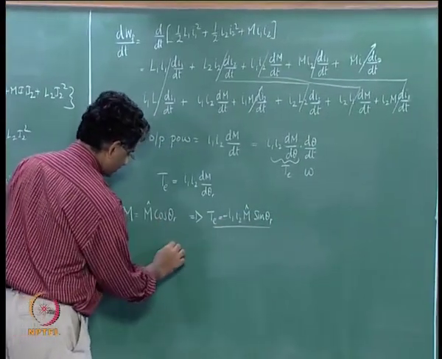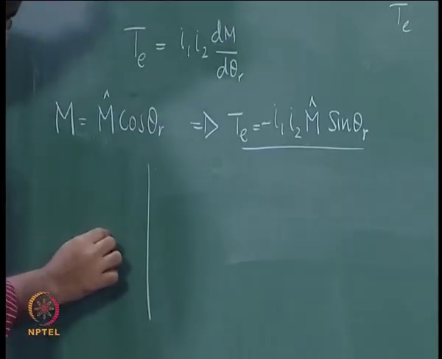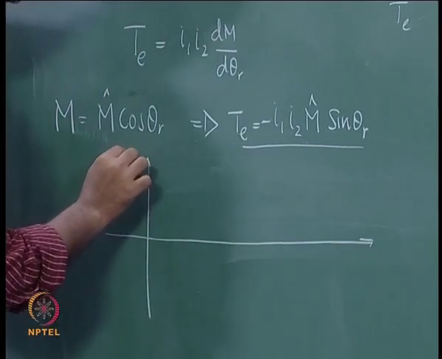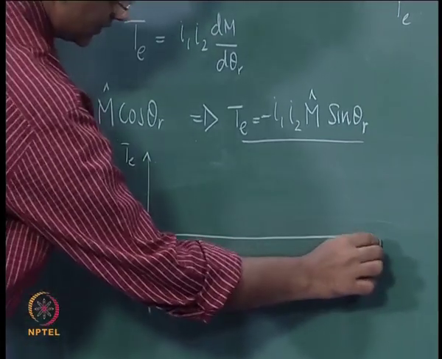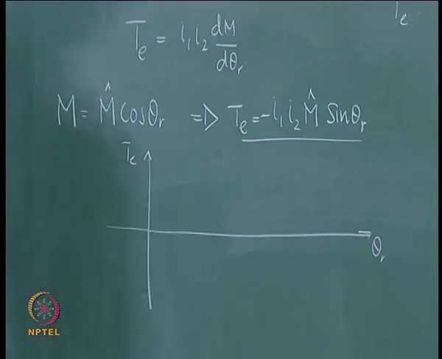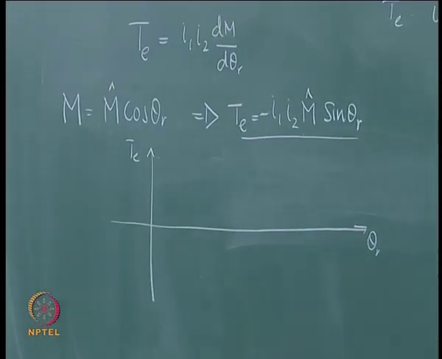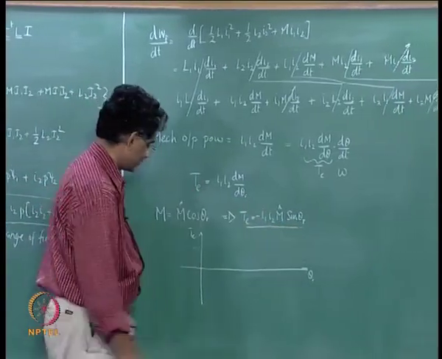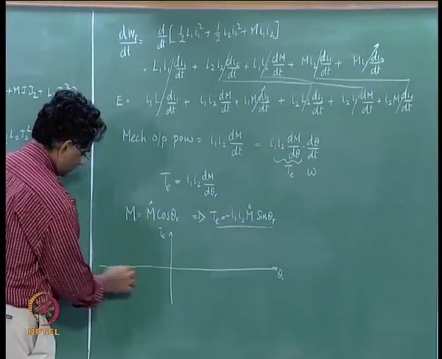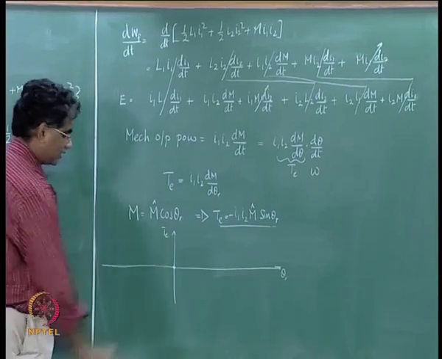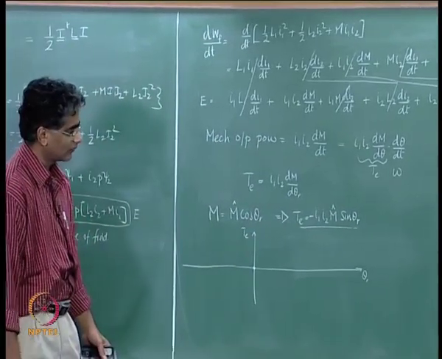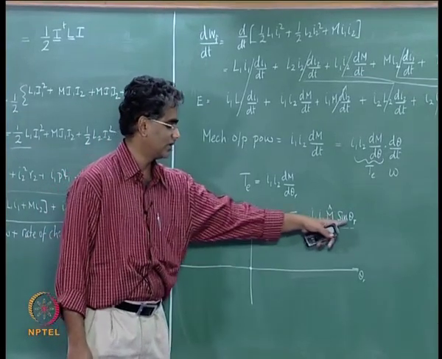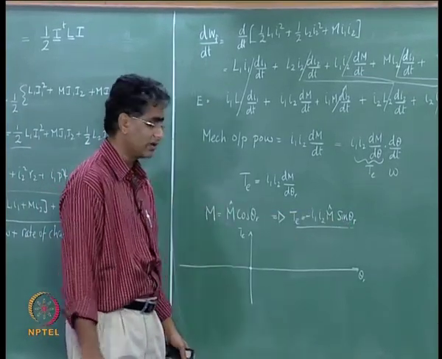If you look at this, the generated torque Te as a function of theta r, this says that at theta r equal to 0, the generated torque is 0. Let us extend it this side, theta r generated torque is 0, and the generated torque becomes highest at theta r equal to 90 degrees.